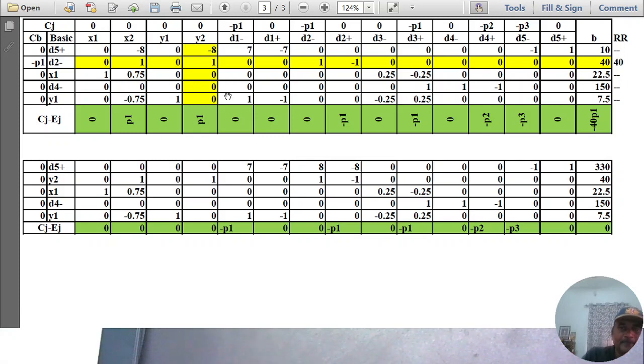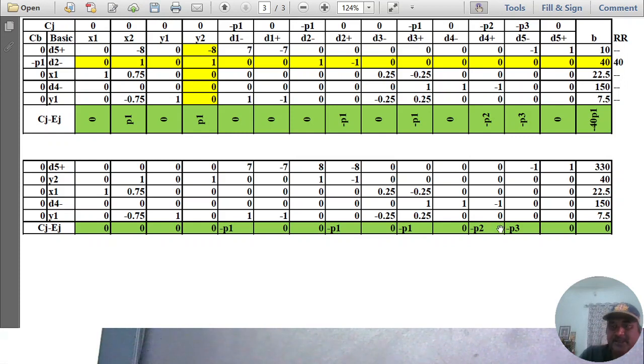After doing all the transformations, this is the table I'm getting, and what I'm finding is that all the Cj minus Zj's, particularly all the P1s, have negative coefficients. Then I search for a column wherein P2 has a positive coefficient. I don't get P2 with a positive coefficient.